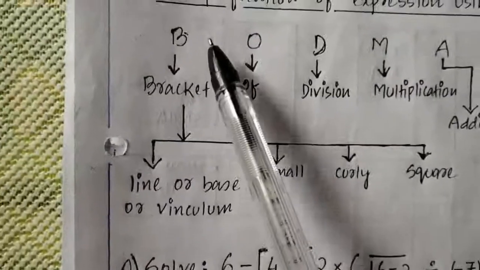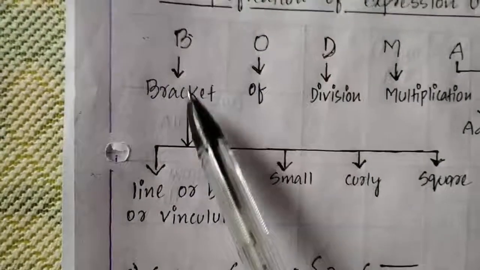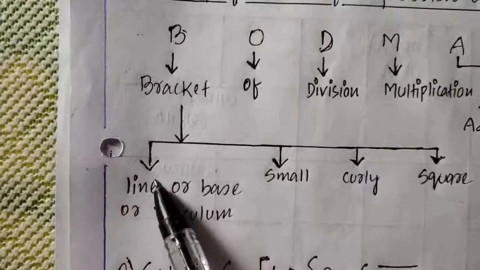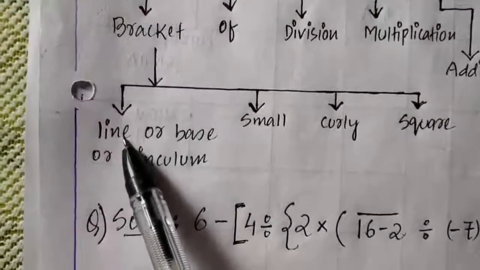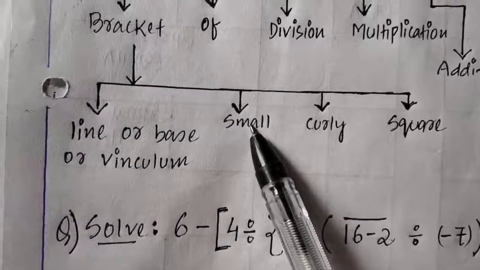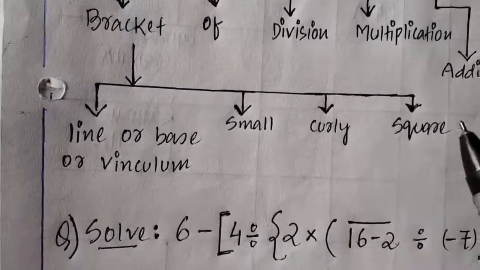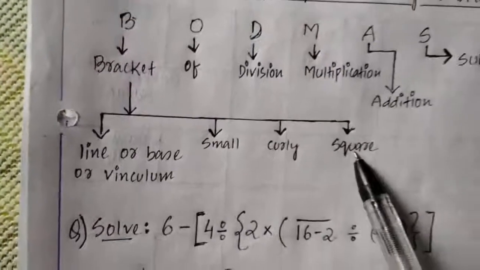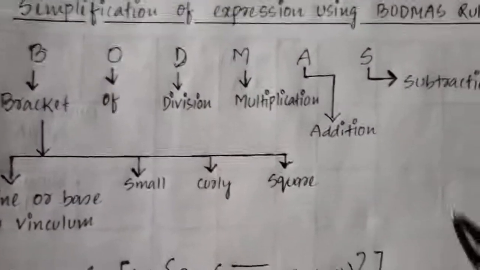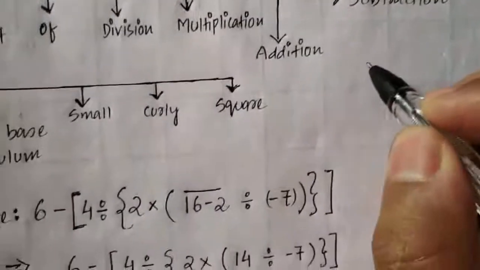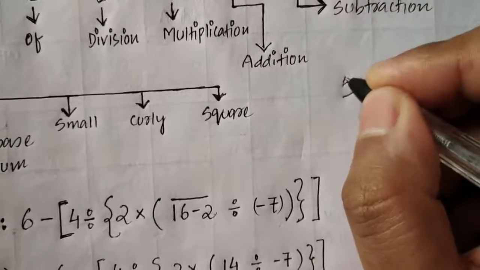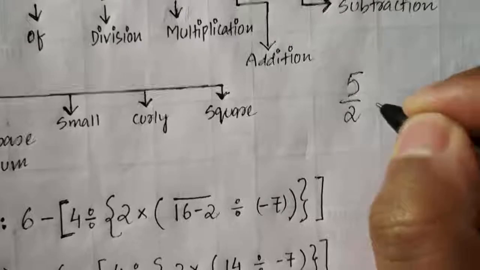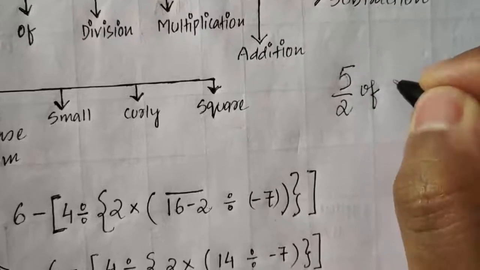So in solving the brackets we have to follow these steps. First we solve the line bracket, then the small bracket, then the curly bracket, then the square bracket. After that comes the of. Of means, suppose sometimes we say 5 by 2 of 4.